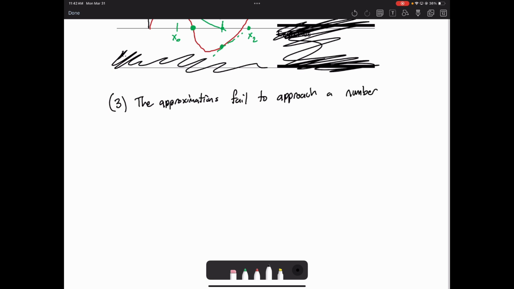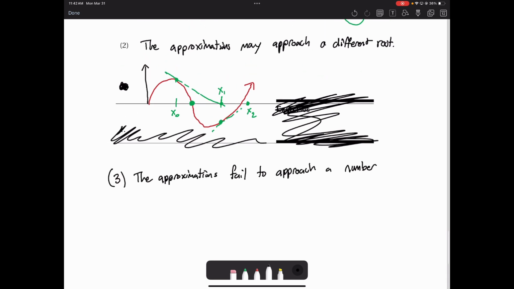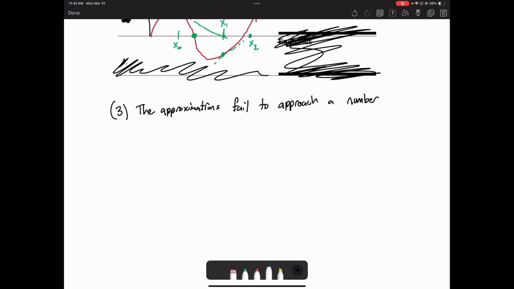And this one I'll have to show you a more specific example. Because my issue in number 2 was that it was still approaching something, it was just the wrong number. But there's also the possibility of it just not approaching anything. So let me show you this example.